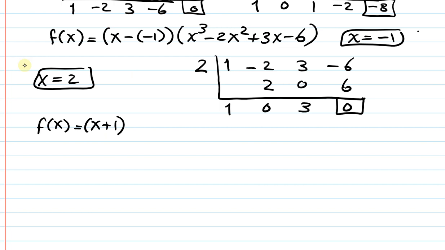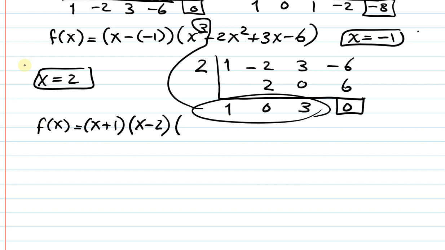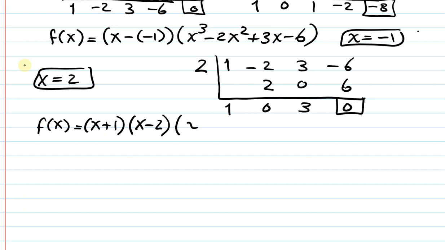Got to be careful. So x plus 1, and this time 2 is a solution, so it's x minus 2, times this quadratic. The degree of the quotient will be 1 less than the degree of the polynomial we just divided. So that's going to be x squared plus 3.